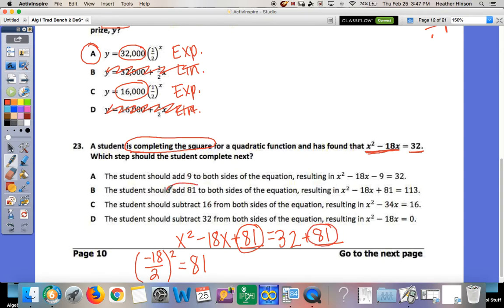So we're going to add 81 to both sides of the equation, and that should be your equation. X squared minus 18x plus 81, that's what we got. And 32 plus 81, that's 113, which is what they got here. So our answer is B.